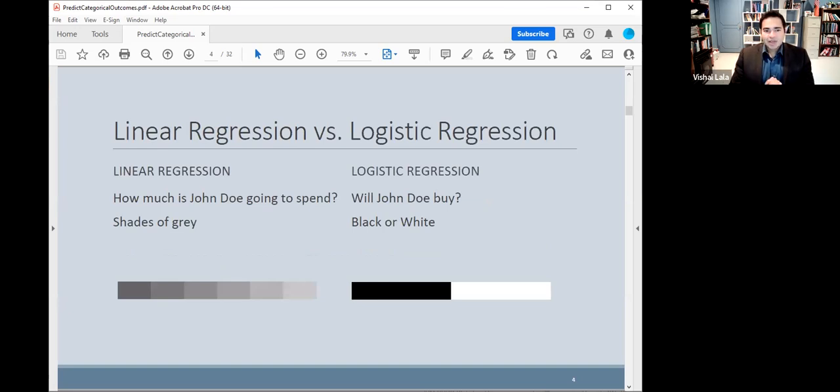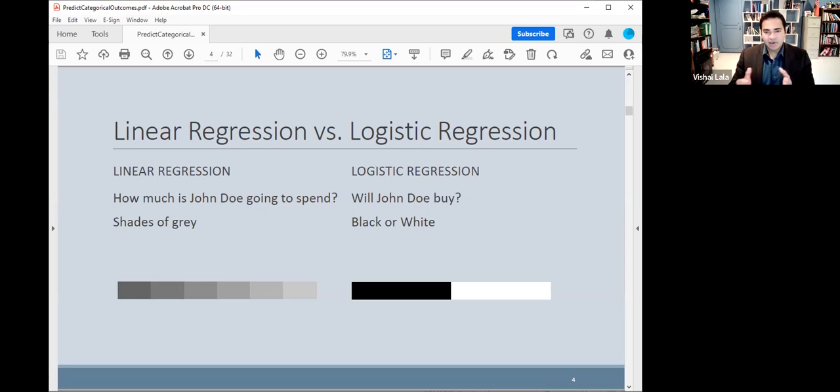One way to contrast linear regression to logistic regression is to think about it in the following way. In linear regression, the goal is how much is John going to spend? Thus, we really are concerned about shades of gray. Is John going to spend $2, $5, $20, $100? In logistic regression, the goal would be to predict, will John Doe buy?